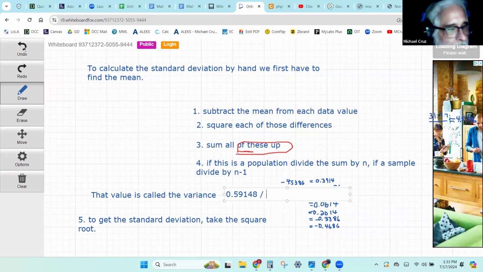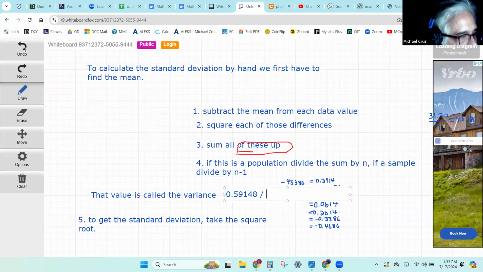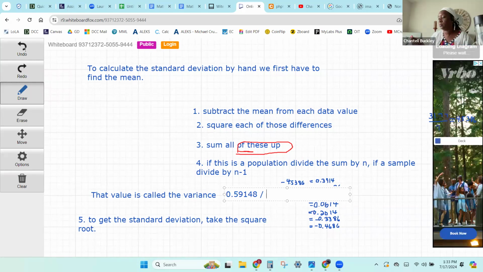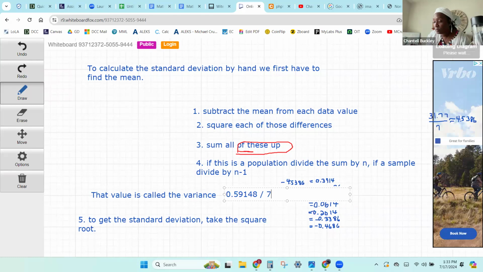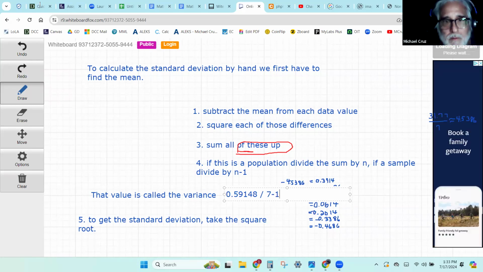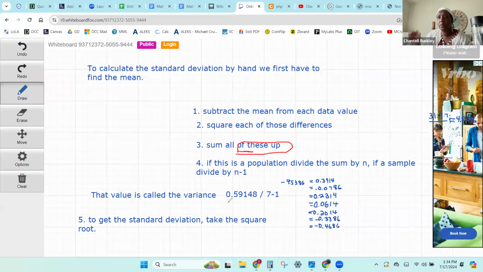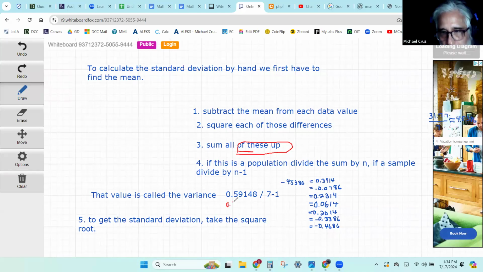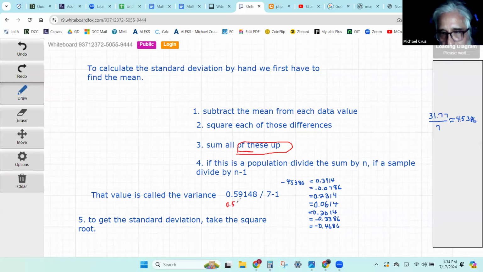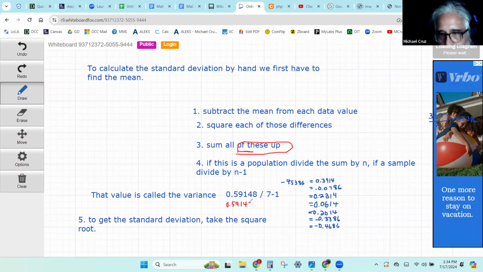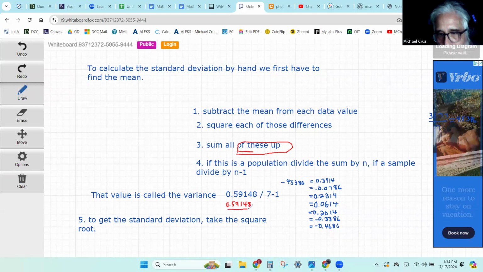Look at Justice's thing. 1, 2, 3, 4, 5, 6, 7. So 7 minus 1. So in other words, 0.591 divided by 6.